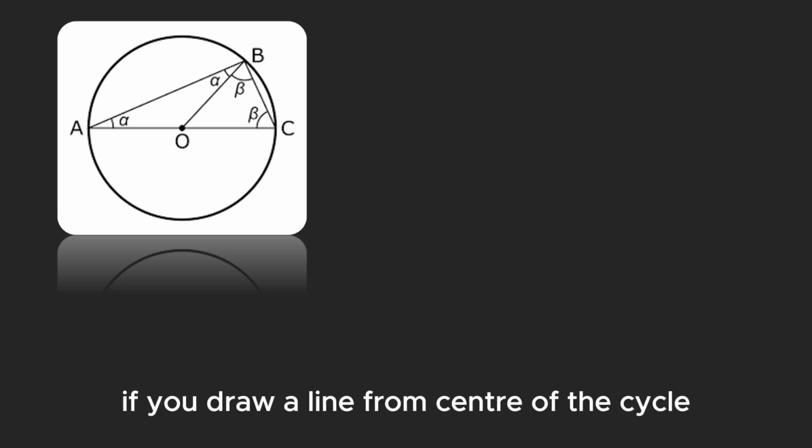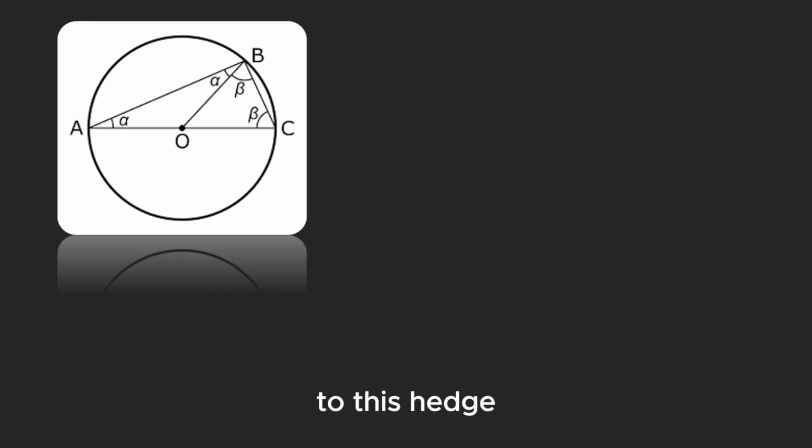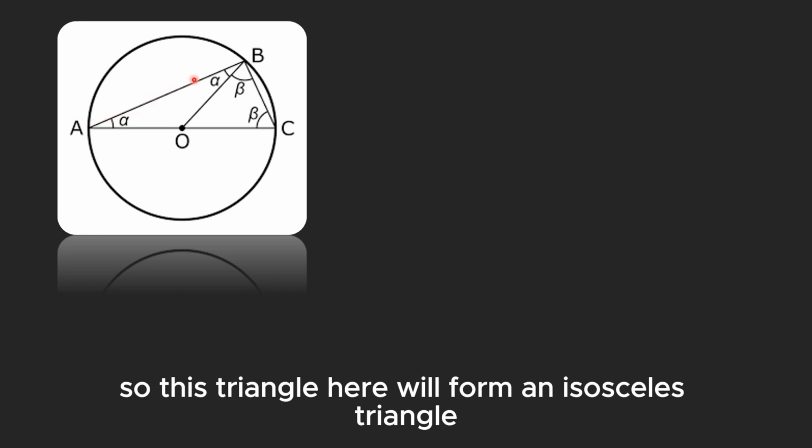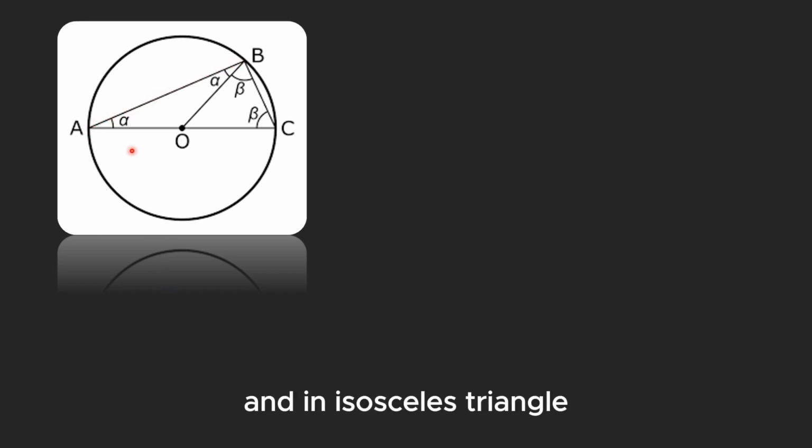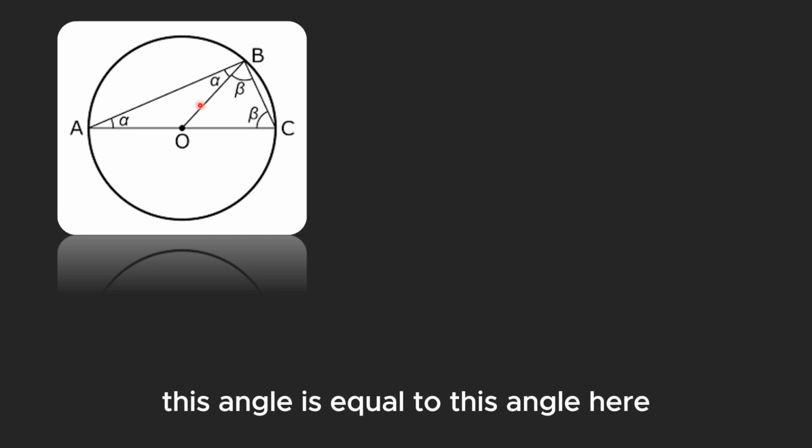Now if you draw a line from the center of the circle to the apex of the triangle, this triangle here will form an isosceles triangle, because this is a radius and this is a radius. And in an isosceles triangle, this angle is equal to this angle here.